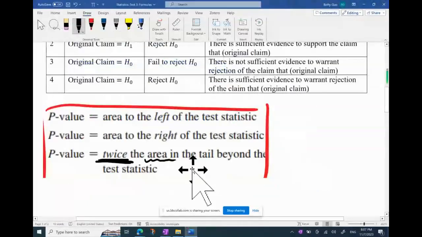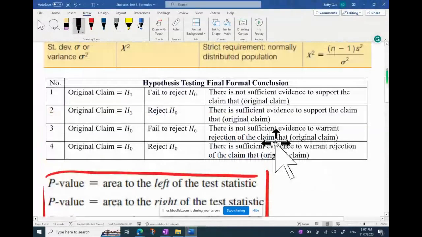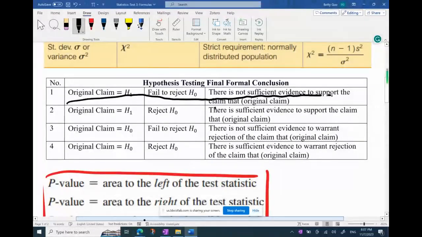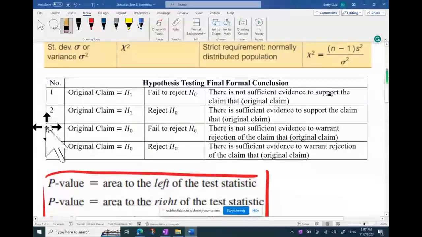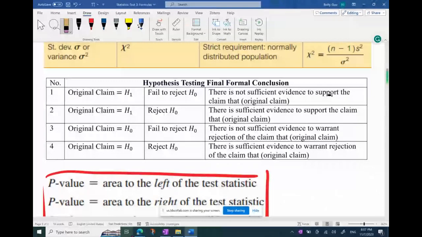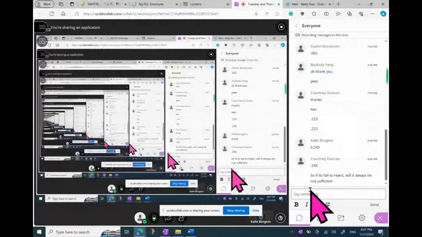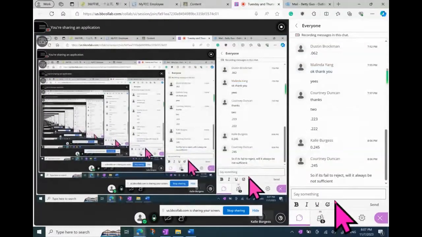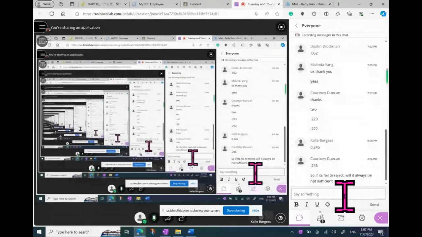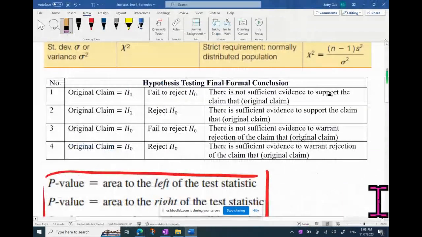You can also look at my chart here. When the original claim is not the null and you fail to reject, you say there's not sufficient evidence to support the original claim. So if it's fail to reject, will it always be not sufficient? Not always. We have 4 cases.